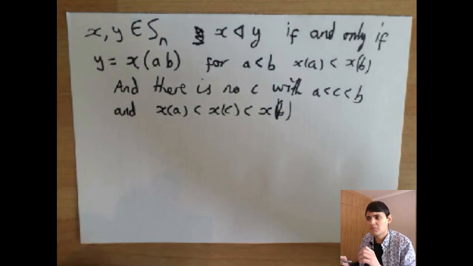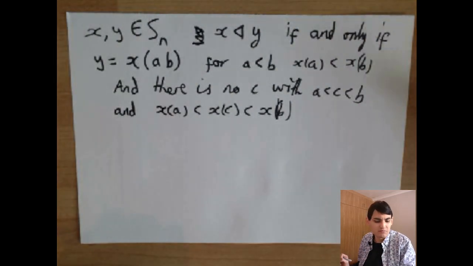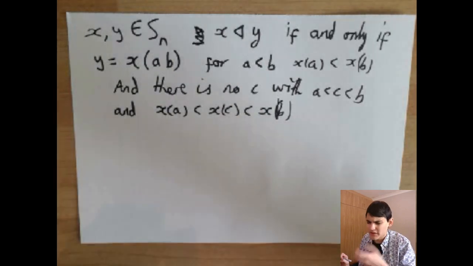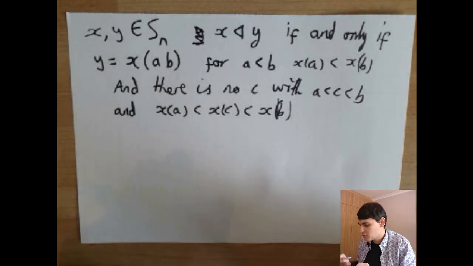Those are the functions that flip the elements A and B, or the numbers A and B. So what does this mean?